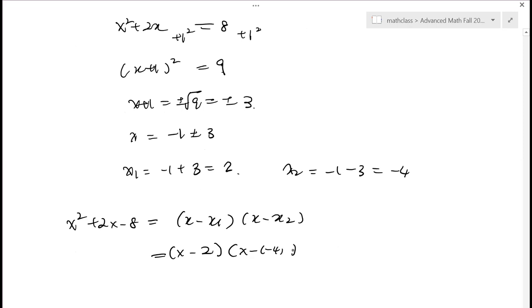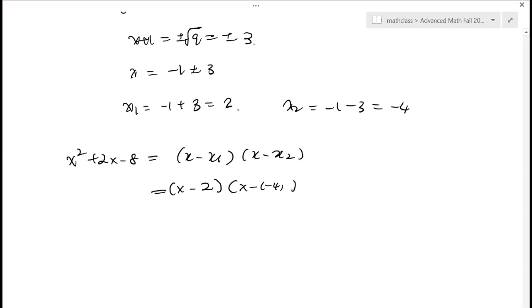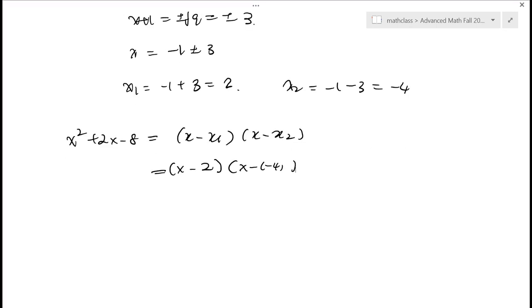Great. So basically, given a quadratic function, you're trying to factor the quadratic function, or you're trying to find the real roots of the corresponding quadratic equation.